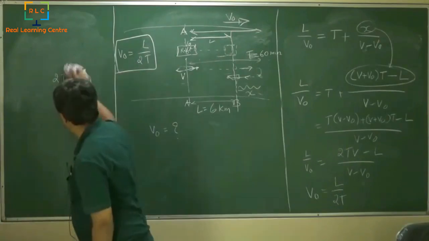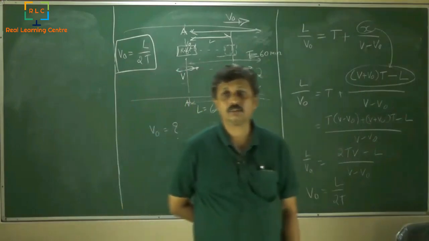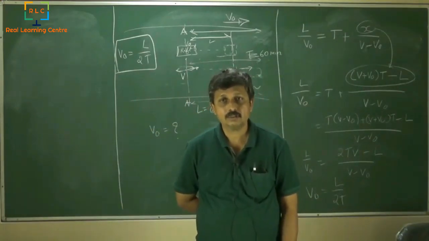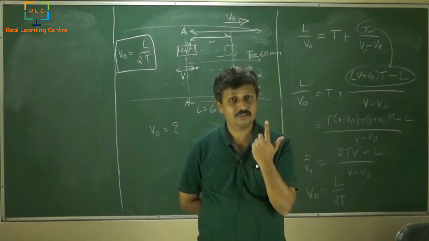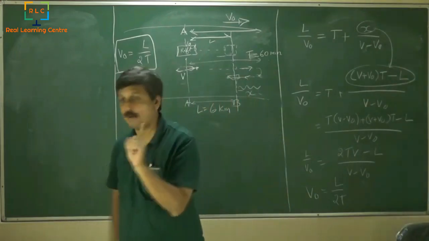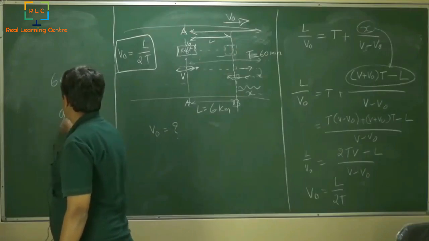Okay, now how do we calculate V naught? We know the total time taken is how much? Total time taken for this whole thing to happen is 60 minutes plus 60 minutes, which is 2t, correct?